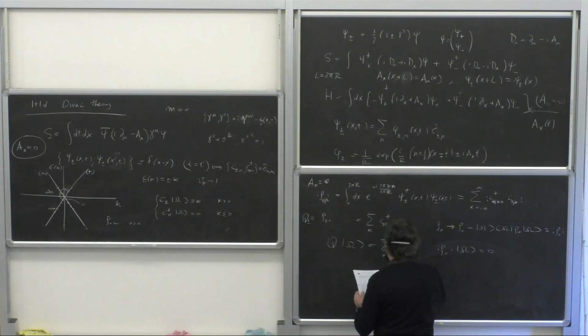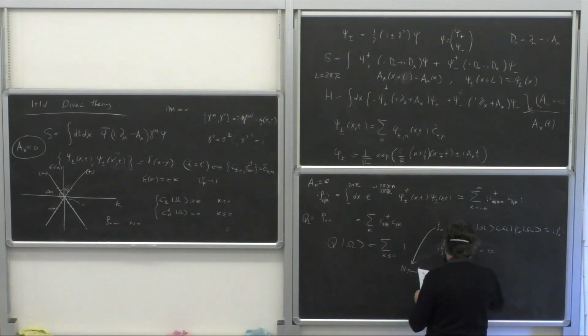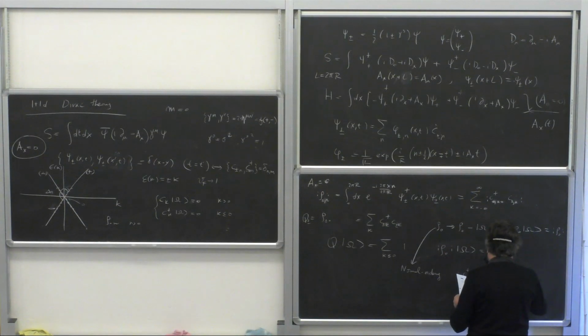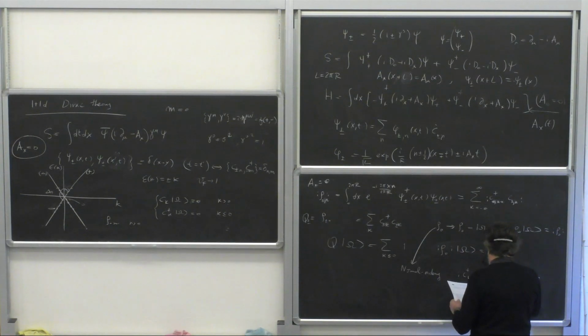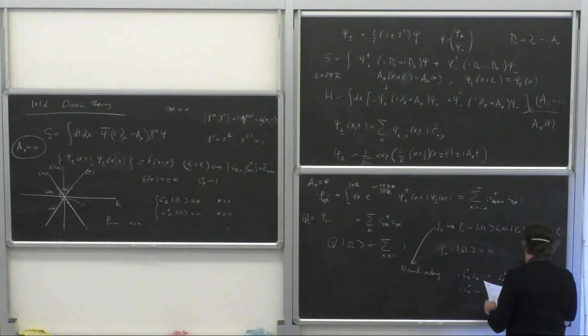This subtraction amounts to saying that C dagger k C k normal ordered is C dagger k C k for k bigger than 0, and C dagger k C k is equal to minus C k C dagger k for k less or equal to 0.